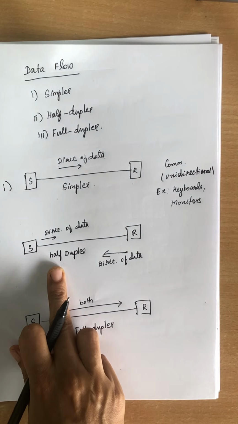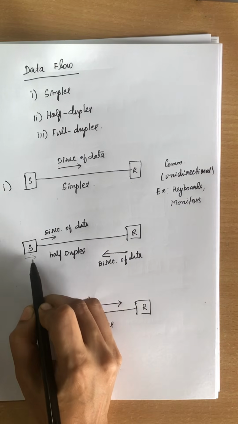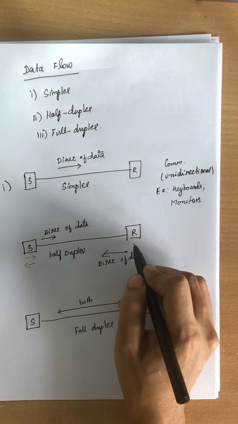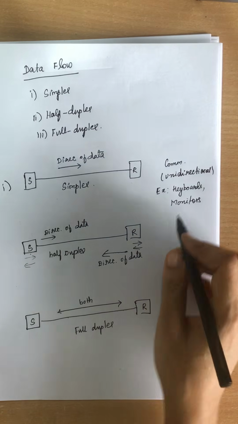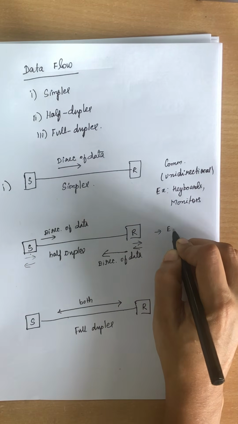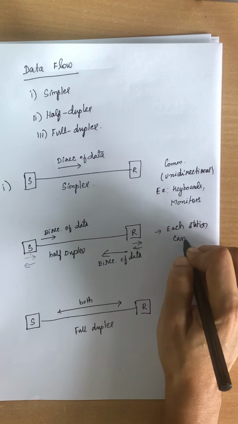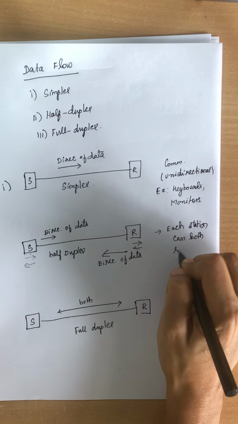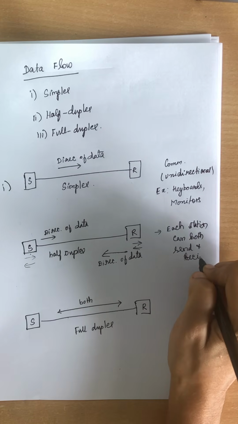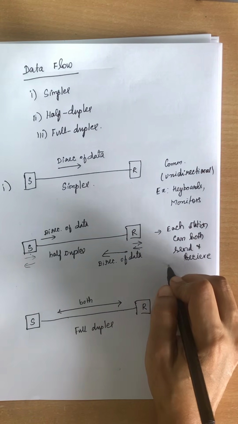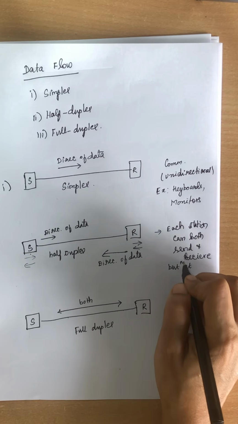And what is the half duplex method? Half duplex communication is where both the stations can send and also receive. Each station can both send and receive. But what is the difference between half duplex and full duplex? It will not be at the same time.